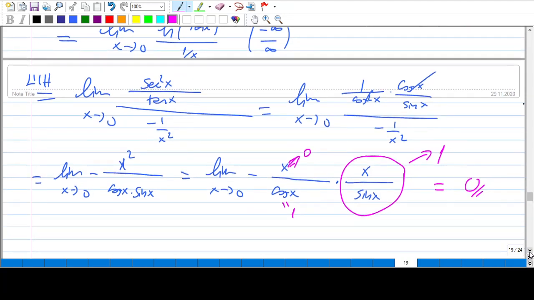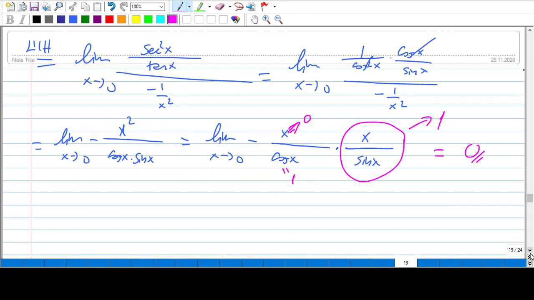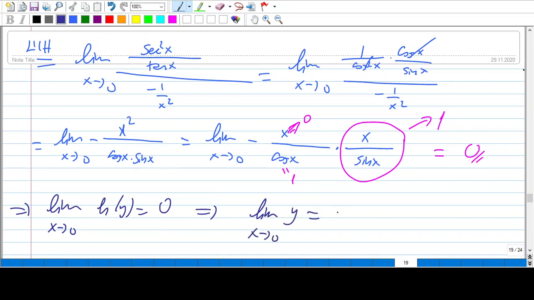But this is not the final result; in fact, this is the limit of ln of the function. Limit as x goes to 0 of ln y equal to 0 implies that the limit of y, our original function, is e power 0, which is 1. The result is 1 indeed.